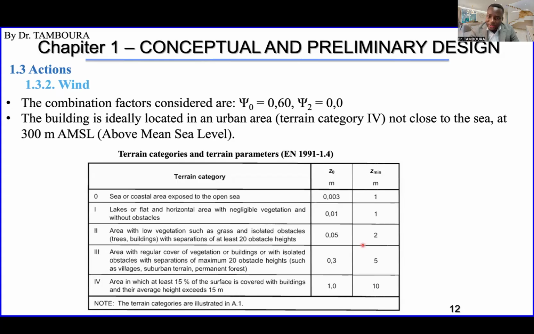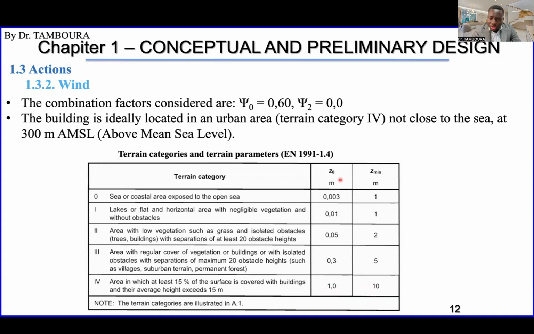Of course, if there is Z min, it means there is Z max, right? In Eurocode 1, Z max is 200 meters. Our building is around 19 or 20 meters. So these two values are very important for us.